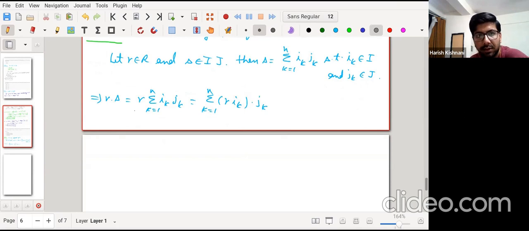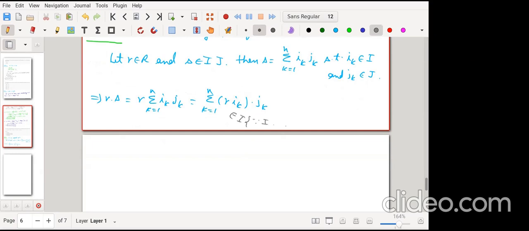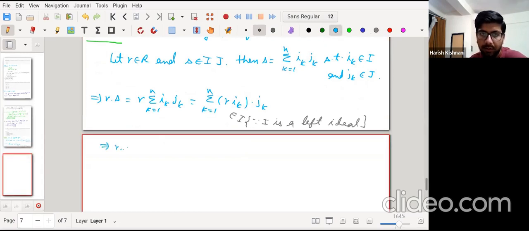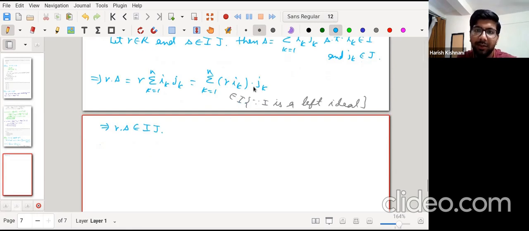This is inside I, because I is a left ideal. Yes, I is a left ideal. So r dot s will be inside IJ, right? Because this part is inside I and this is already in J. That's how the product IJ is defined.